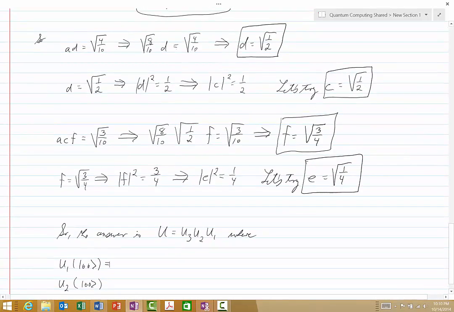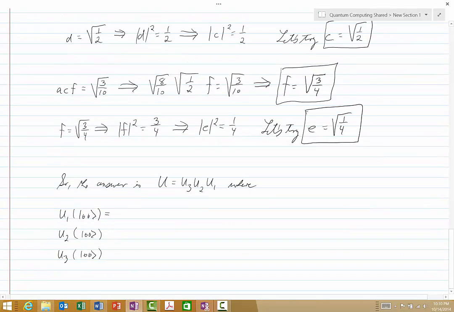So since A is square root of 8/10, we'll have square root of 8/10 0, 0 plus B is square root of 2/10 0, 1.